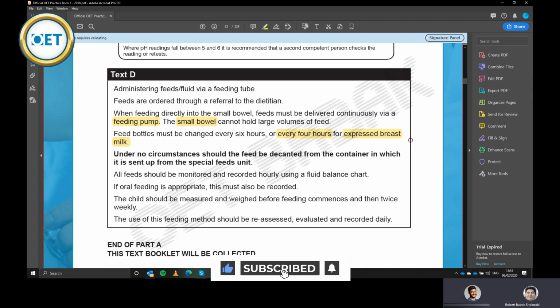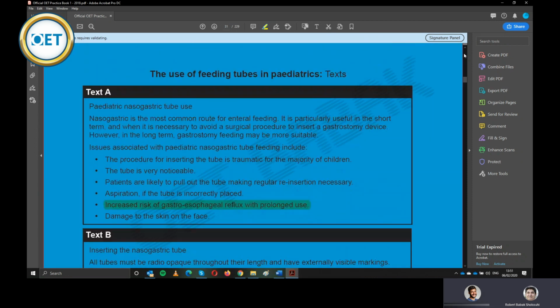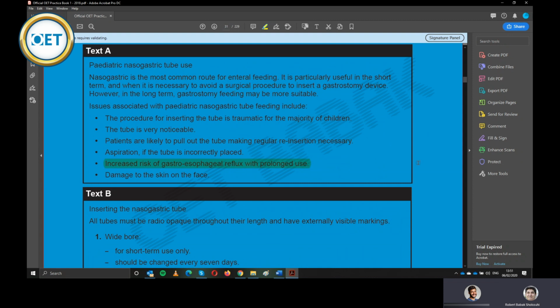Not here. Well, I think it is gastroesophageal reflux with prolonged use.